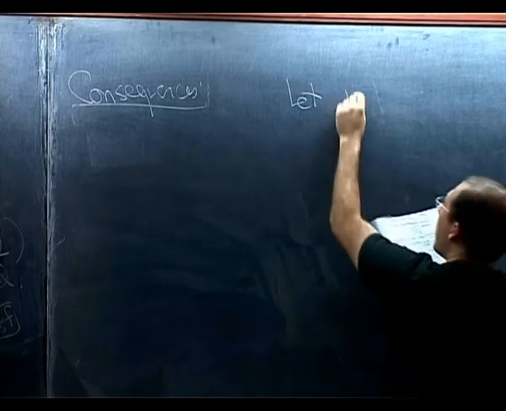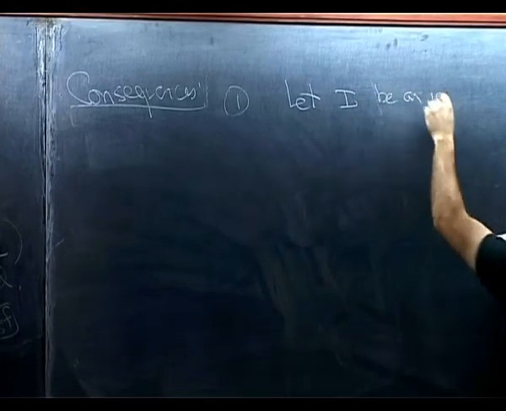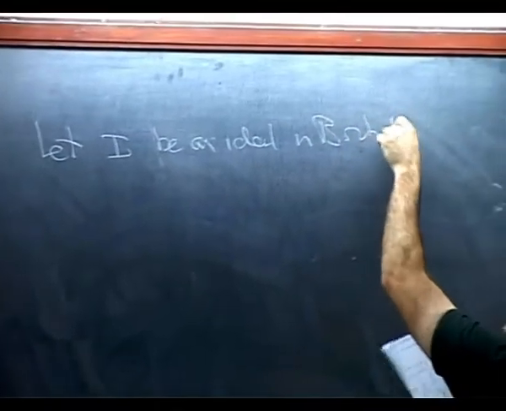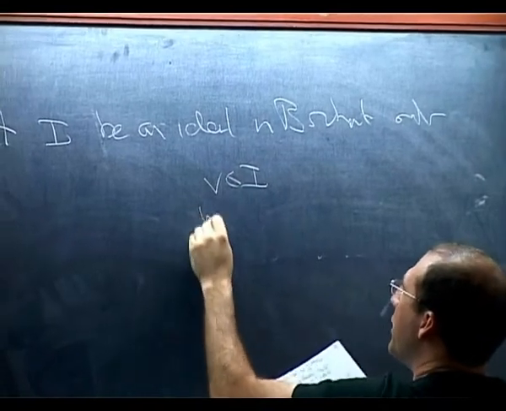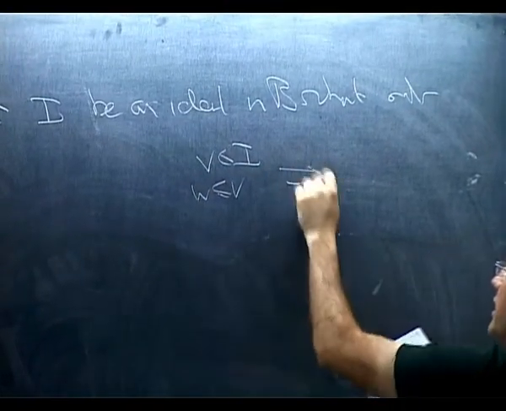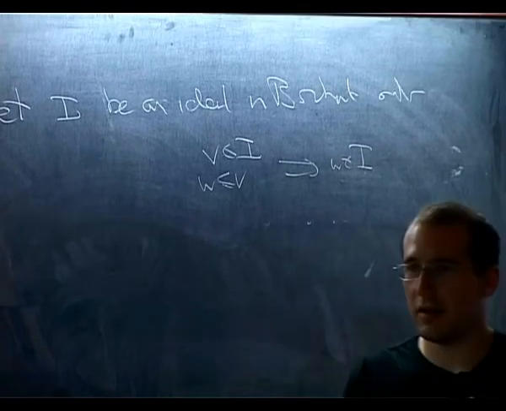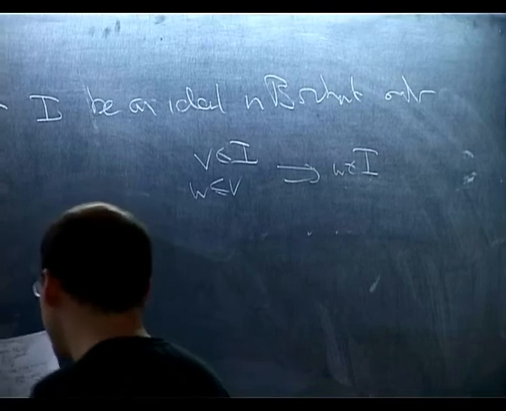Let I be an ideal in the Bruhat order. In other words, if V is in I and W is less than or equal to V, then W is in I. In other words, all things less than or equal to x are an ideal.